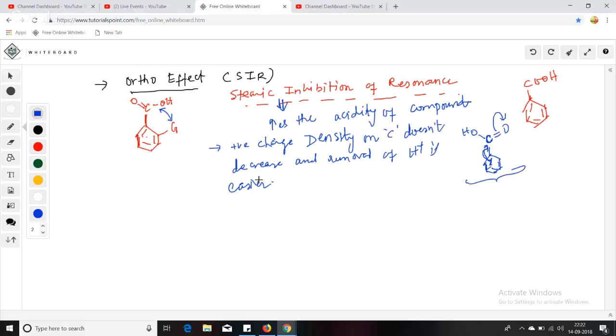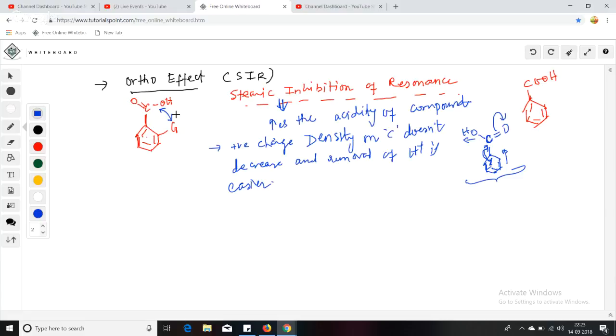Okay, so now you understand my point. When resonance is possible, it withdraws electron. When it withdraws electron, the electron density here increases. When electron density increases in this group, removal of H plus is difficult, and hence acidity decreases.